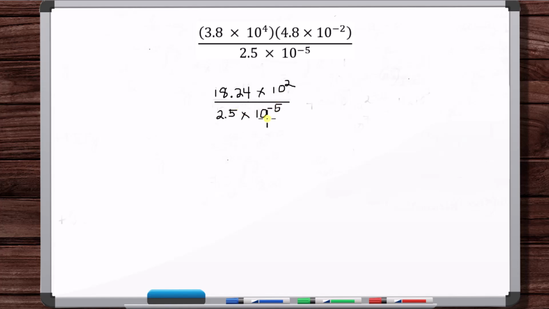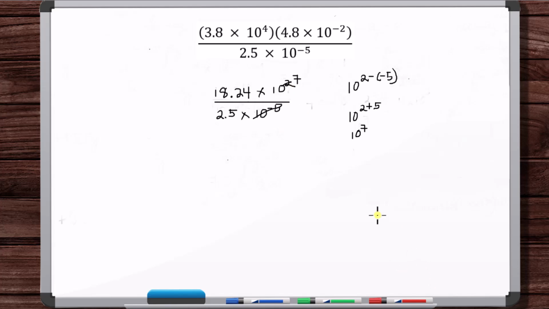Okay, now dividing the 10 squared by the 10 to the minus 5, that's 10 to the 2 minus minus 5, which is 7. So this cancels and this goes to 7.